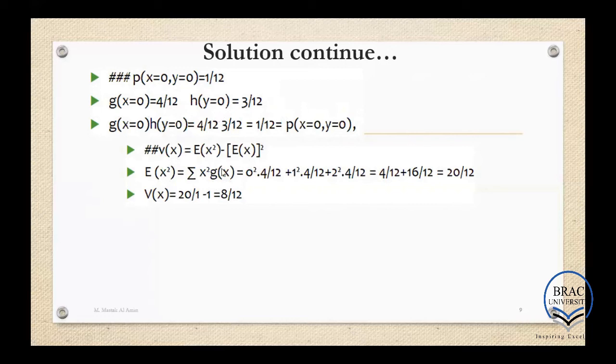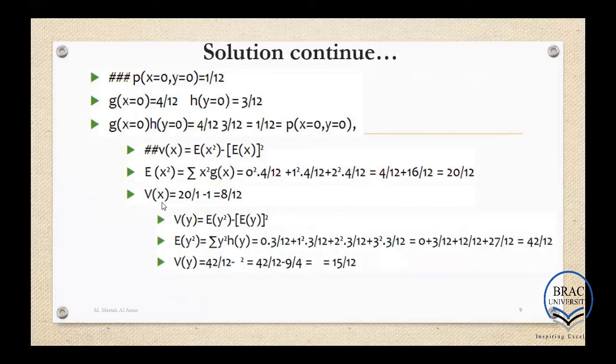When x equals 1, it is 4 over 12, and when x equals 2, it is 4 over 12. So we calculate the expected value of x square using the formula summation of x square g of x, and the value is 20 over 12. So our variance for x is 20 over 12 minus 1, so it is 8 over 12.